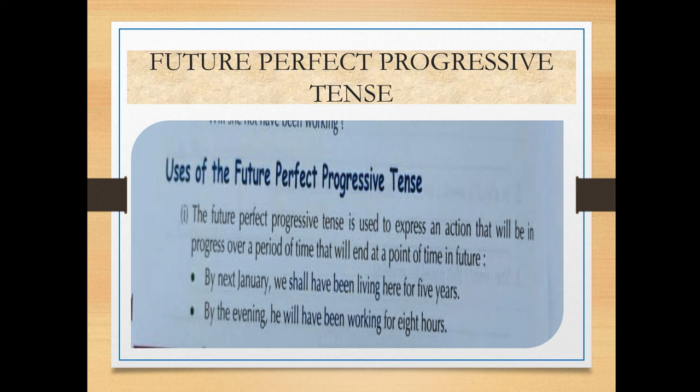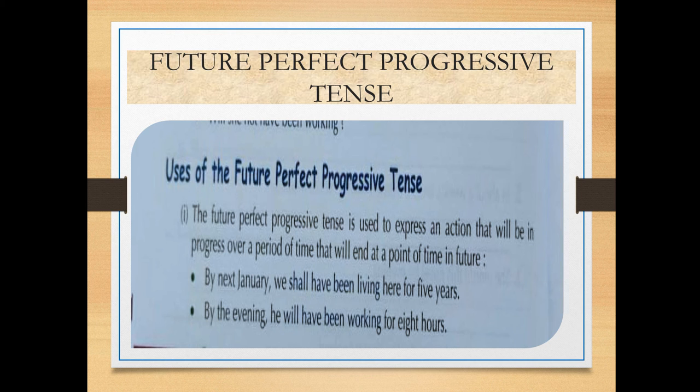The future perfect progressive tense is used to express an action that will be in progress over a period of time that will end at a point of time in future. By next January, we shall have been living here for 5 years.